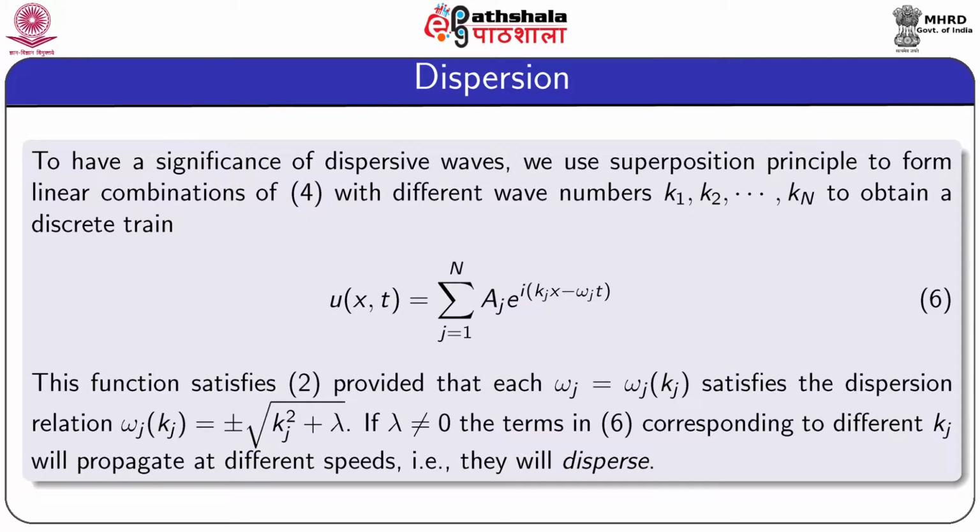If lambda is not equal to 0, the terms in 6 corresponding to different kj will propagate at different speeds, and that will result in a dispersion of the wave. So, in this way we can visualize the phenomenon of dispersion of a wave train.